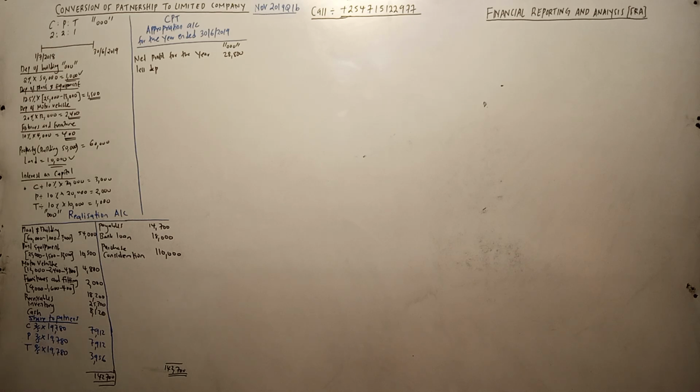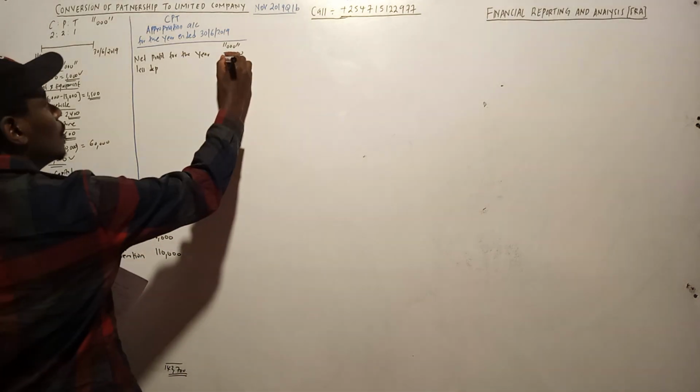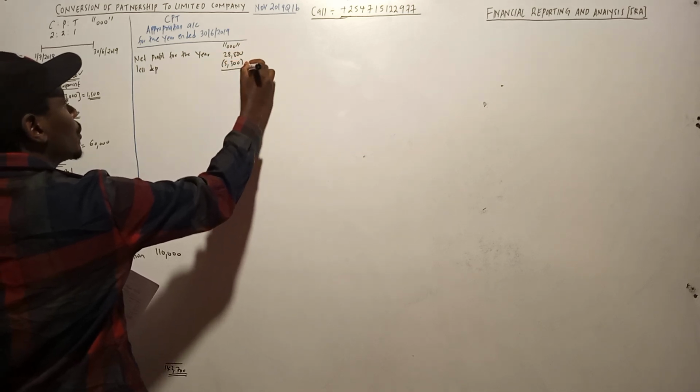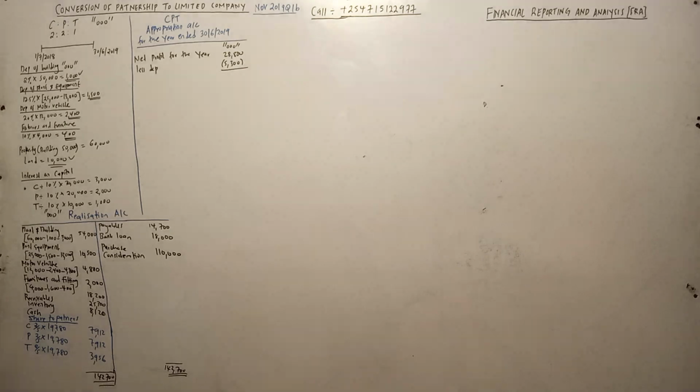That brings us to an amount of 5,300. So we need to deduct that first, so that we get the actual profit.